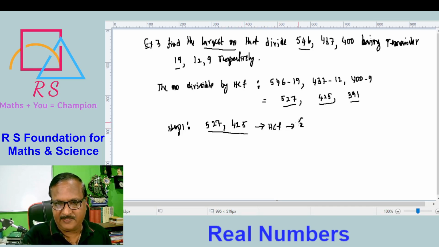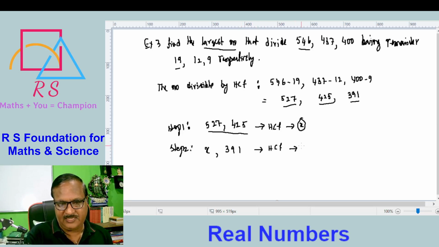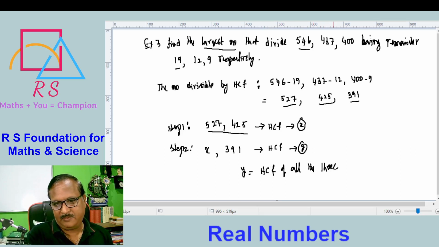Let us say this HCF is X. Then in step number 2, you take this X and the third number 391, and again find the HCF. Let us say this HCF is Y. So Y will be the HCF of all three numbers, and this will be the required largest number.